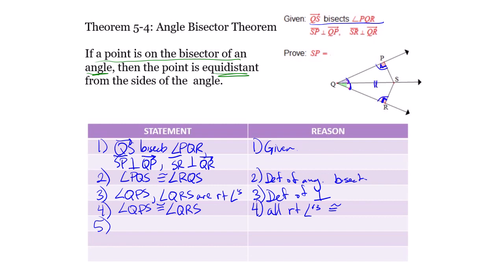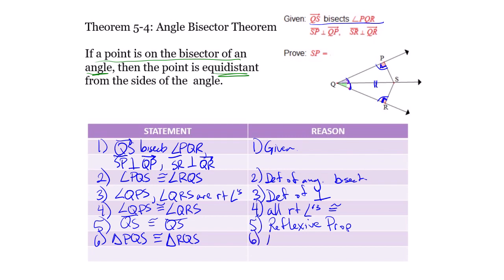Okay. And then for step 5, now I can use the reflexive property, right? Even though that's already marked on there. So I can say QS is congruent to QS by the reflexive property. All right, and so now we have what we talked about. We have angle, angle, side, right? So we can say that triangle PQS is congruent to triangle RQS by angle, angle, side.